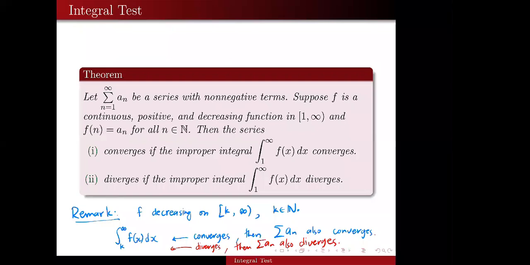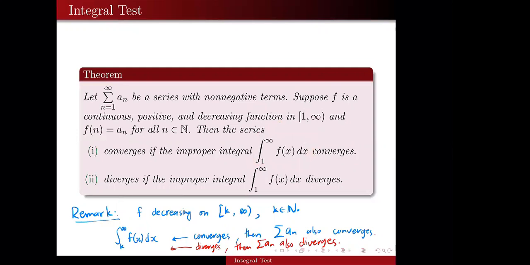Now, another remark. If you calculate the improper integral and it is convergent, of course you will find the value for the improper integral. Now, that value is not the actual sum of the series.